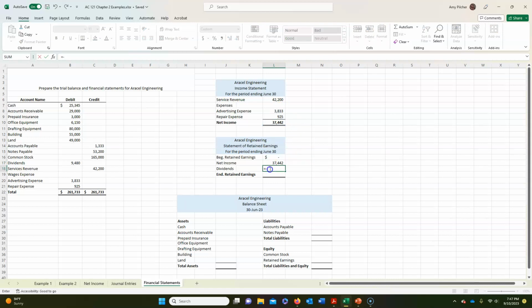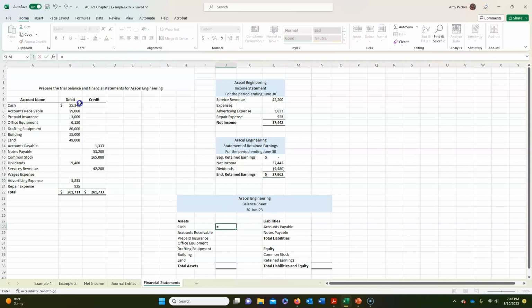So I'm going to put equals, and then I'm going to put the negative before I bring dividends over from the trial balance. Now for the ending retained earnings, I can add all of these columns. Because I put dividends in as a negative number, it's going to remove it. So our ending retained earnings is $27,962.